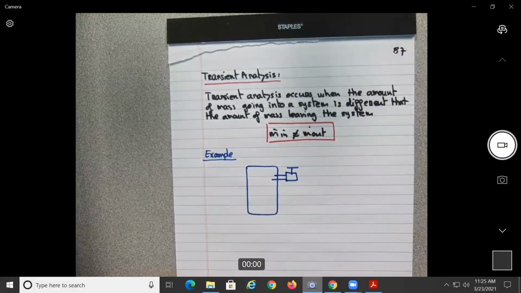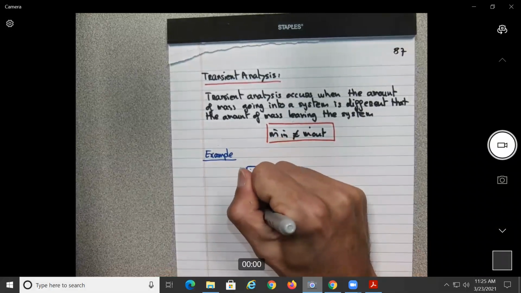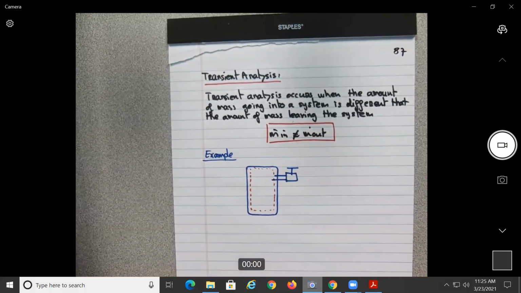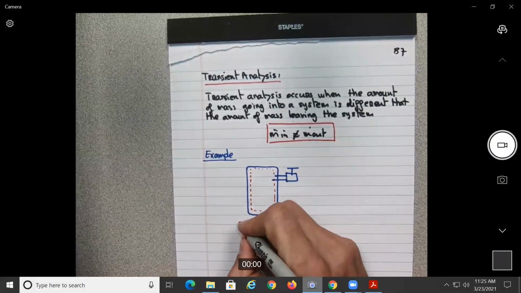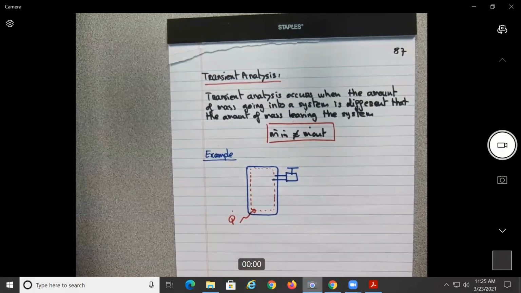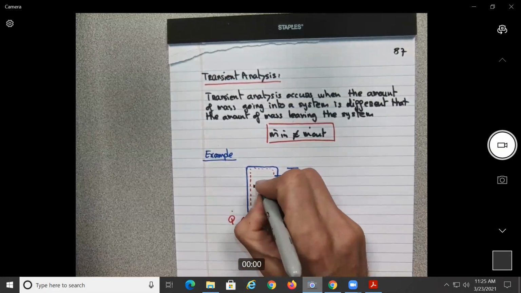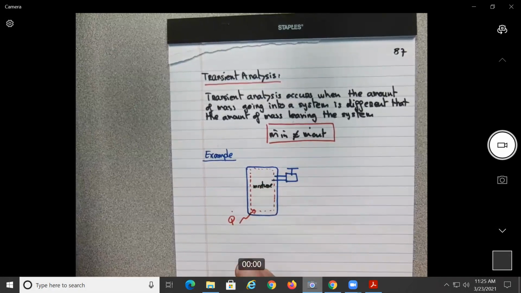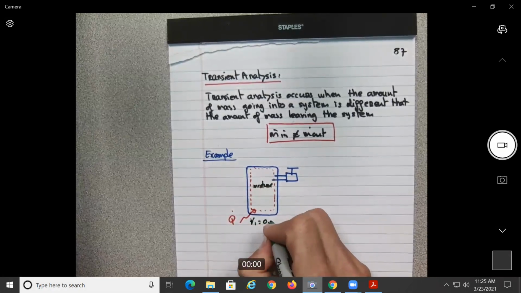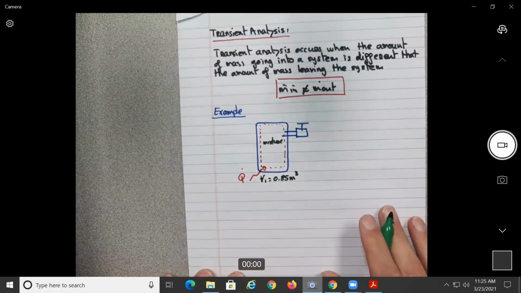Initially this would be our system over here, that needs to be heated. In this case, we have a mixture of water inside, where we know that the initial volume is 0.85 cubic meters.